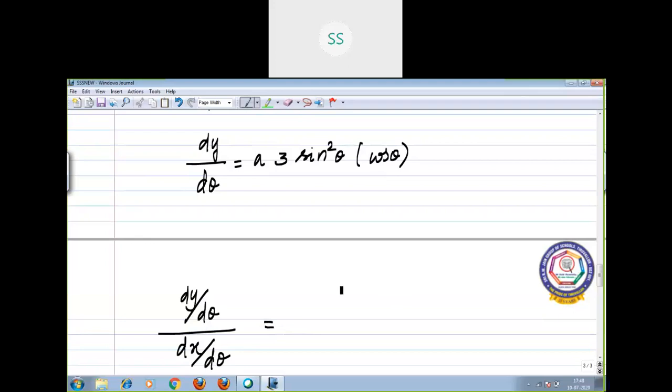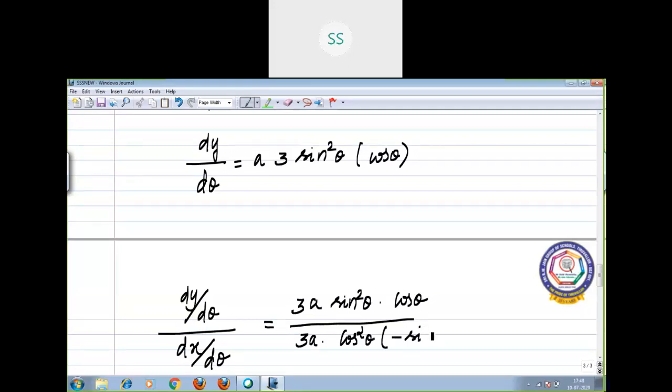What is your dy by d theta? That is 3a sine square theta into cos theta divided by 3a into cos square theta into minus sin theta, right? Now you see what things you can cancel, you have to cancel, right?